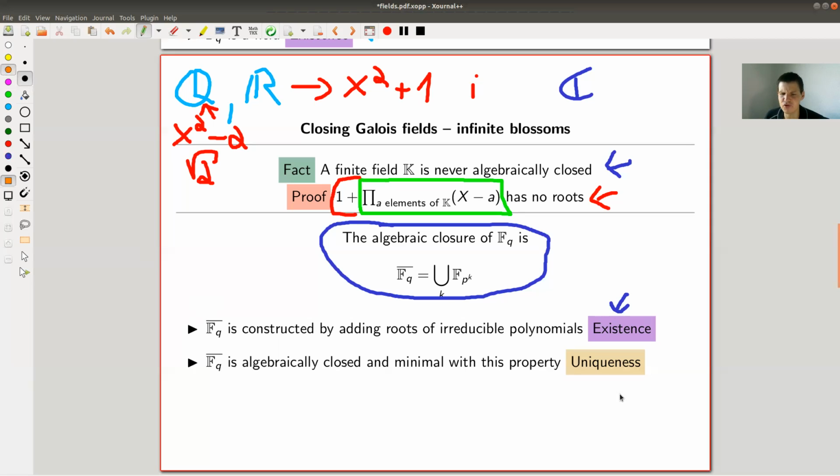And a bit more tricky is to see that this construction is unique, with the property of being a minimal algebraic closure of a field. But anyway, the algebraic closure of those Galois fields is just take all of them together, and they are just not finite anymore. That's kind of the point.